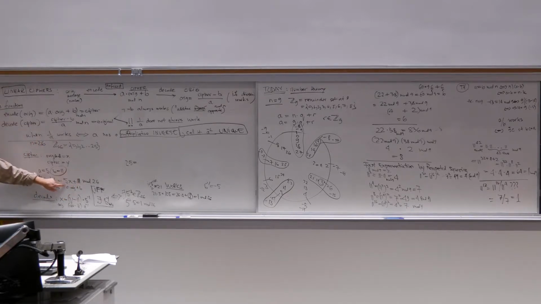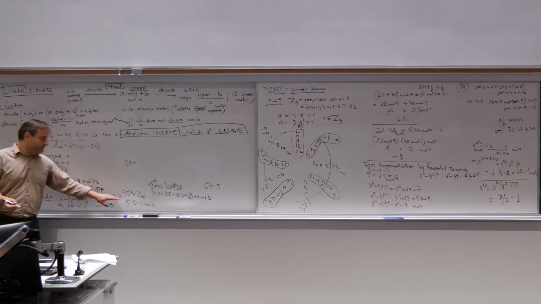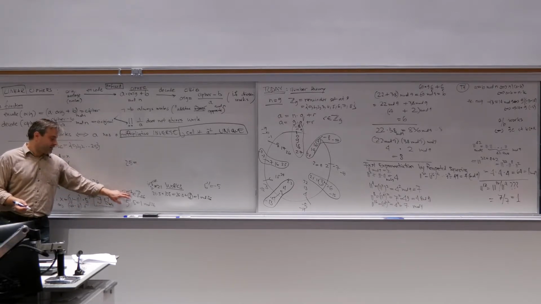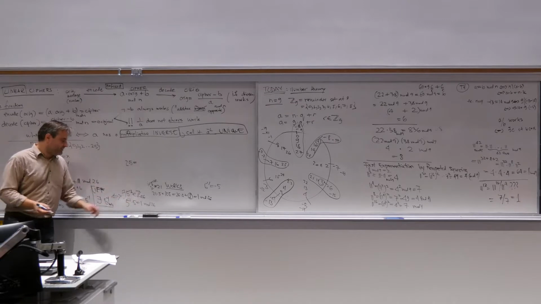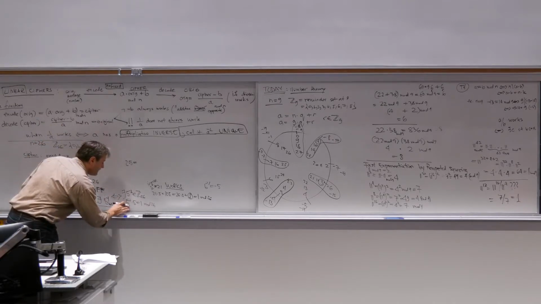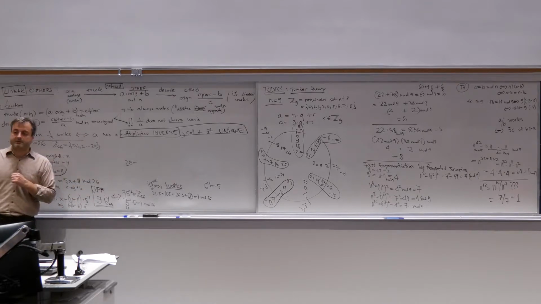We care about the A. In a linear cipher, A is the killer. A has to have a multiplicative inverse, and A is 5 in here. So 5 to the minus 1 exists because there is a value. We say that's 21, right? 21 times 5 gives me 1.